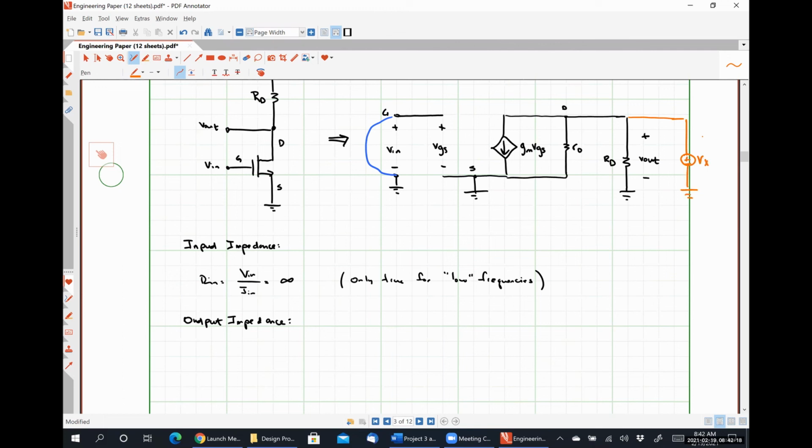I'm going to call this Vx. This is my current Ix. And the ratio of Vx divided by Ix gave me my output impedance.